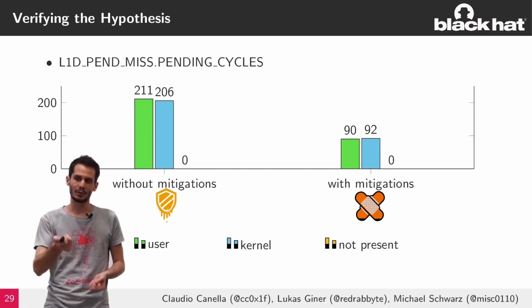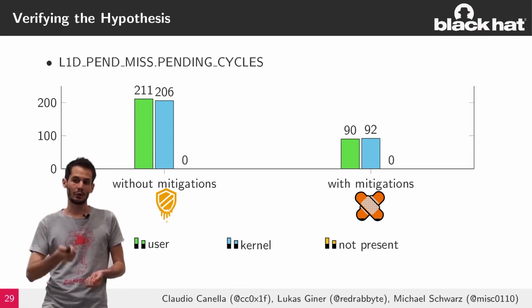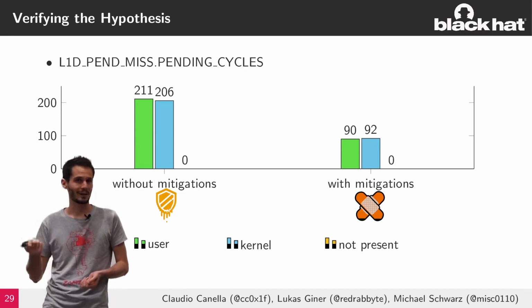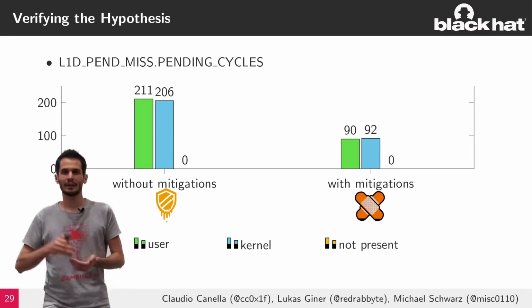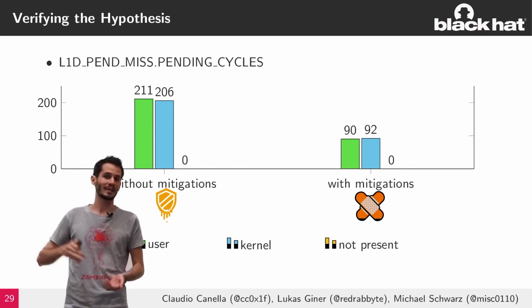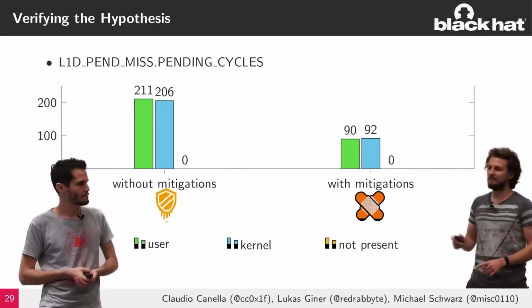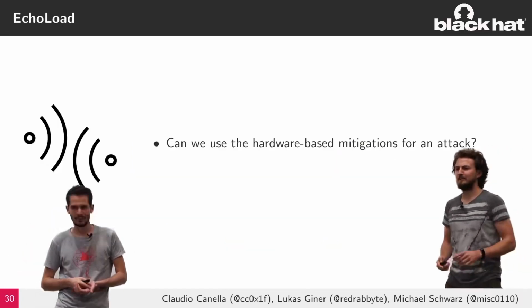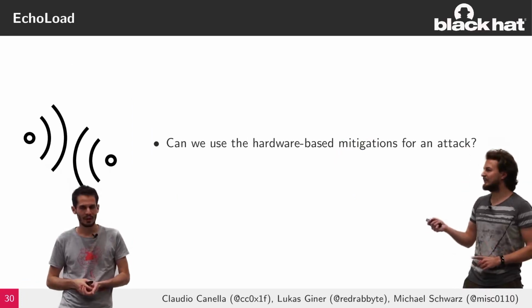Again, between unmitigated and mitigated CPUs, the ratio of user and kernel accesses is exactly the same. So it's just zeroed out, and the load happens in the background anyway. That's very nice, but when I see this, I immediately think, can we use the hardware-based mitigations for an attack?